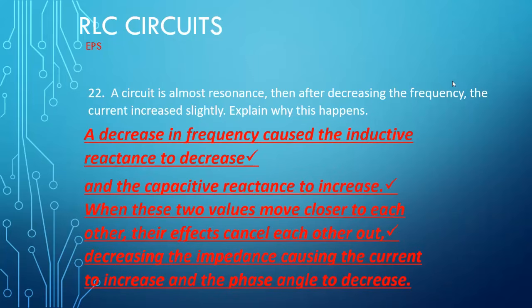A decrease in frequency caused the inductive reactance to decrease and the capacitive reactance to increase. When these two values move closer to each other, the effects cancel each other out. Decreasing the impedance causes the current to increase and the phase angle to decrease.